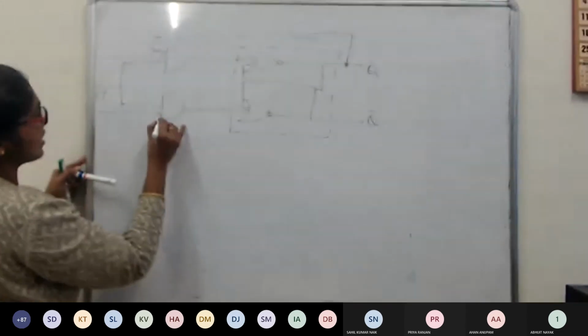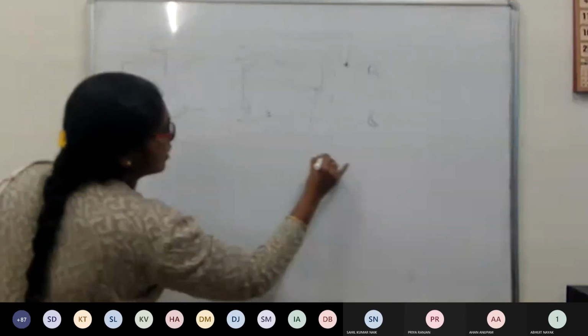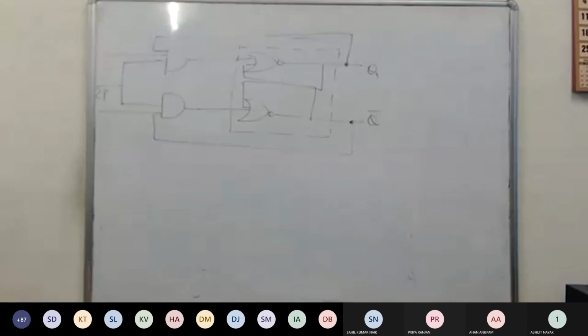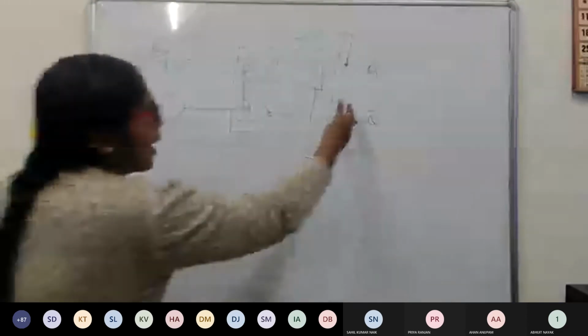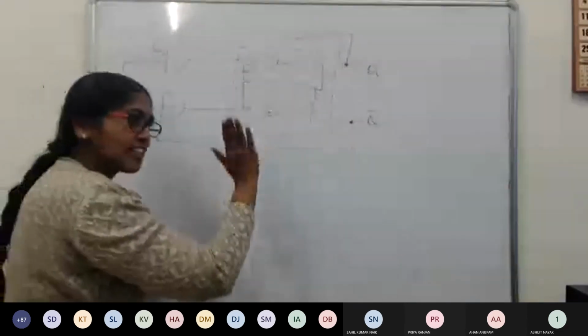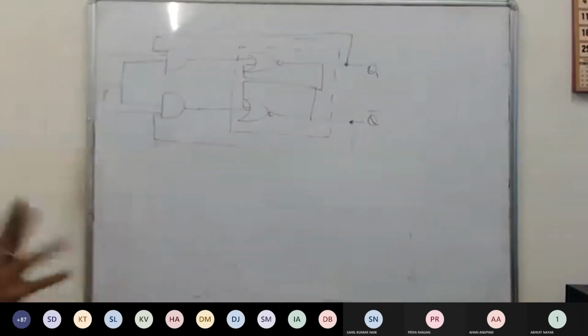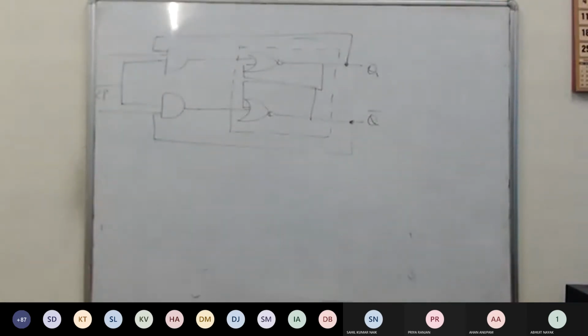This is already existing. Hold on. The feedback is a part of the circuit. Don't think that it comes afterwards. The feedback is already existing at T, and we have to analyze T plus 1 along with the feedback. Please try to understand. When analyzing T and T plus 1, we have to take the feedback into consideration.